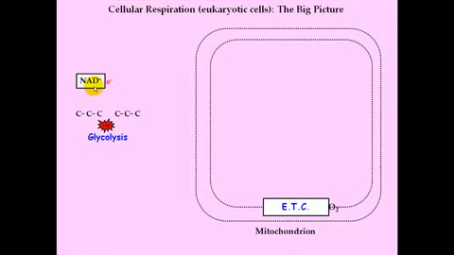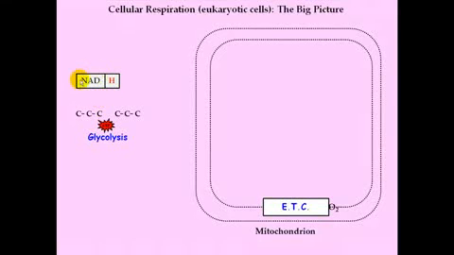NAD+ not only takes on electrons but also protons. You might remember that an electron and a proton equals a hydrogen atom. So what we're saying here is that NAD+ is the empty version of the electron limousine. After it takes on electrons and a proton, it becomes NADH. And NADH is the loaded, or full, version of the electron limousine.